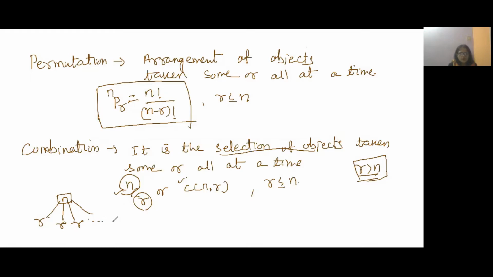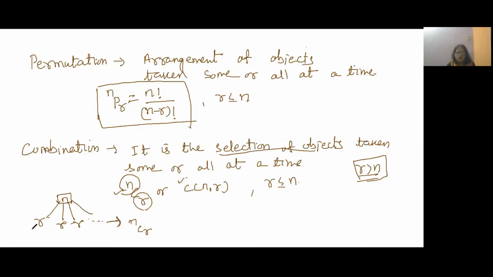So in this way, the number of combinations is nCr, because selecting r objects out of n, that we call combination of n objects taken r at a time. So whenever n objects are there taken r at a time, the number of combinations is nCr.